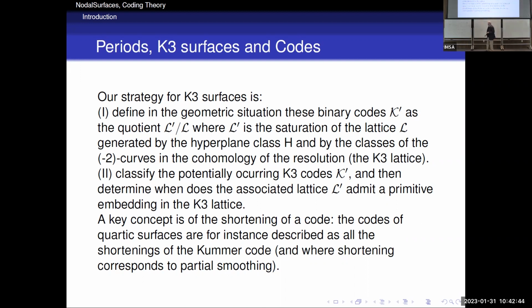if you are religious, there is Adam in the beginning, but since we are not religious, there is Kummer. So the Kummer code is the code of a quartic surface in P3 with 16 nodes. After that, there are the descendants. At a certain moment, it becomes like this, a big genealogy tree, and you end up like this.